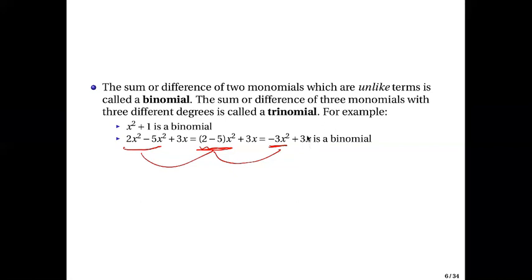And as you can see, in the simplified version you just have two monomials being added, so this is just a binomial. Although originally you have three monomials being added here, two of them can be combined into a single monomial, and you end up with a binomial. Okay? Questions?